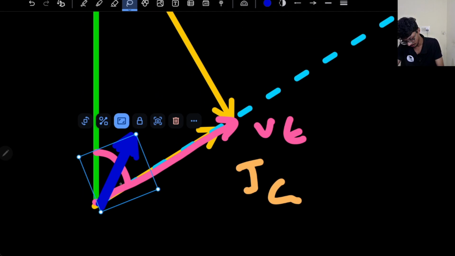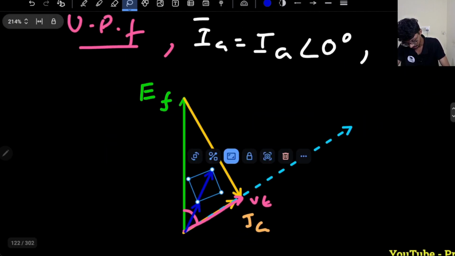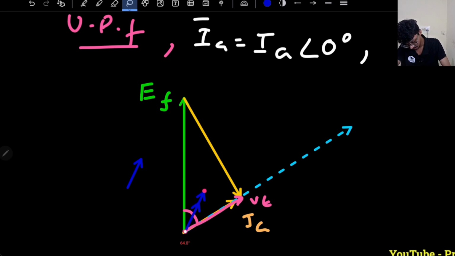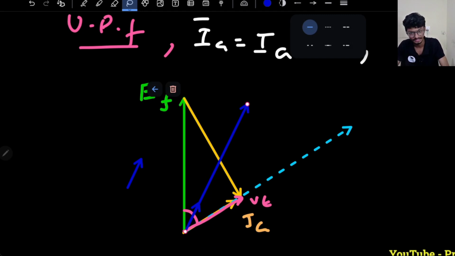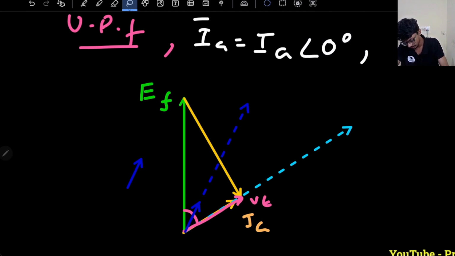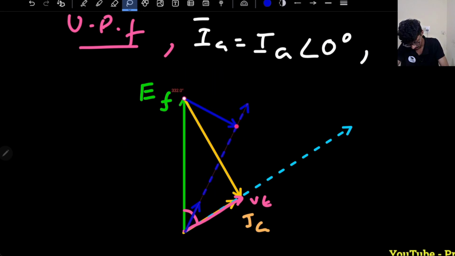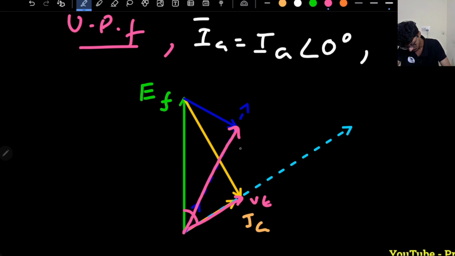If I add the drop here, VT should lie along this because VT and IA are in the same phase, as it is a unity power factor. So I will again rotate this by minus 90 and touch it here. It is not exactly 90, forgive me for that, but I hope you understand the point. So my VT will be here.